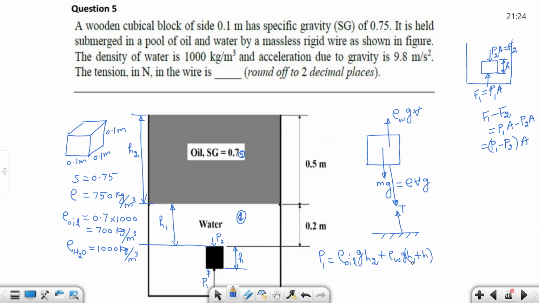This is the pressure at the bottom. Pressure at the top, P2, is density of oil g into h2 plus density of water g into h1. This difference P1 minus P2 is density of water g into h.